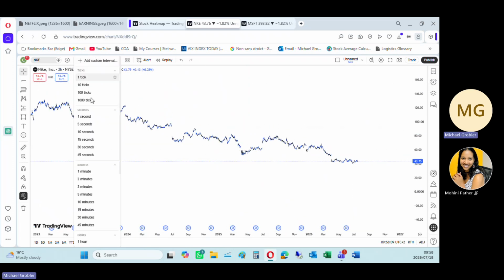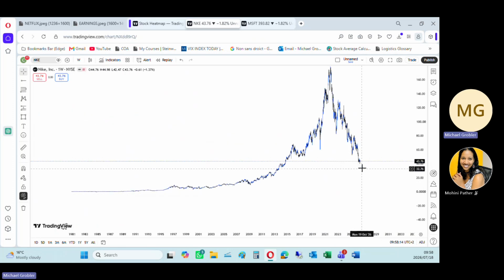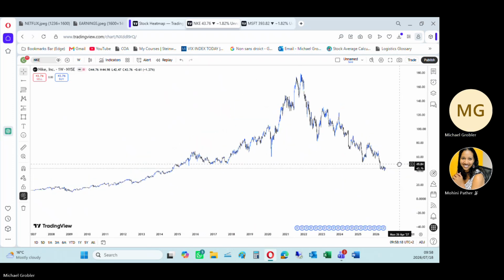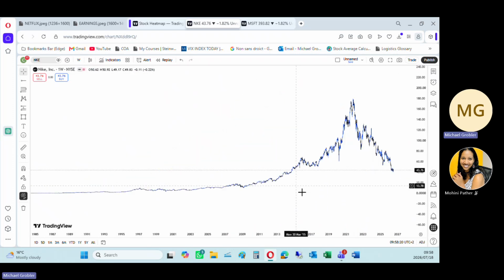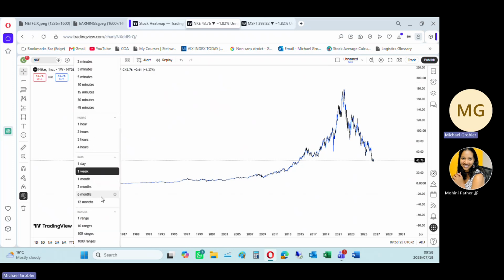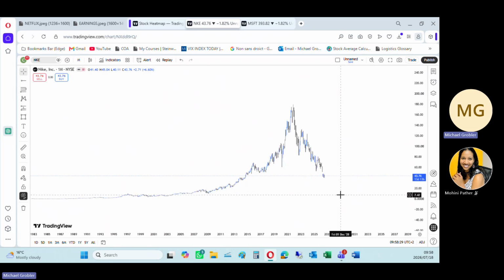It's clearly not had the best time, although it has formed a bit of a base here, so we'll see what happens. But this is probably the dog of the Dow at the moment. Remember, at the top here, you can change your candles to be monthly, weekly, or daily.